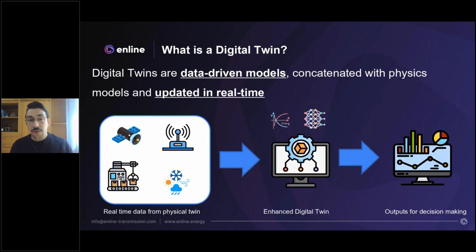And that's the main goal of the digital twin, to add this data-driven layer at the top of simulations to give you enhanced outputs. So you can make a decision with it. You can design a system. Now with this new evolution of a simulation.